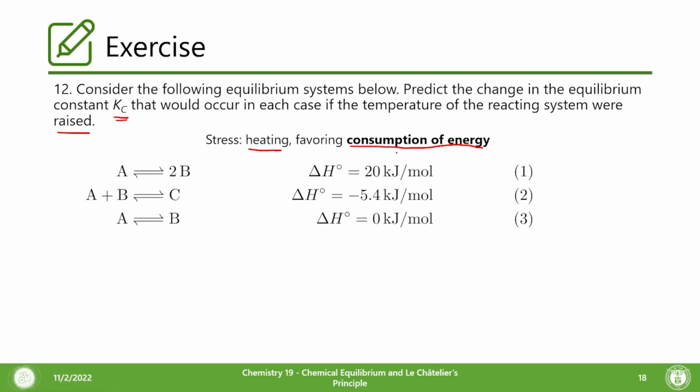Okay, so we have delta H is equal to 20 kilojoules per mole. Let me see if this works. Yeah, okay. Delta H is equal to 20 kilojoules per mole. It's a positive number. Therefore, the reaction is actually endothermic, since it's positive.